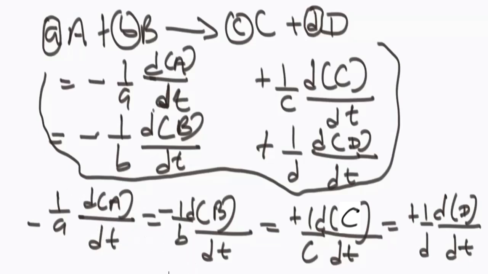So let's wipe this now and look at average rate of reaction. Remember, we're going to solve problems on this. Average rate of reaction is basically the change in reactant or product concentration over a given time.